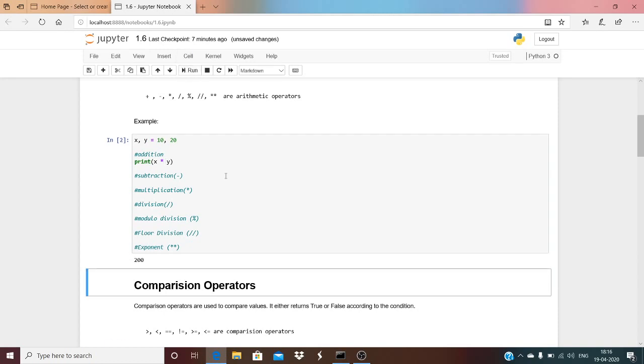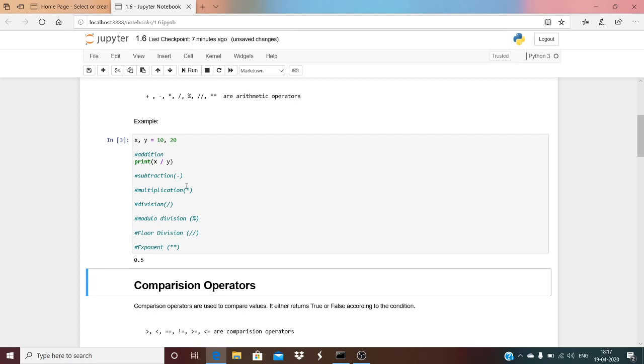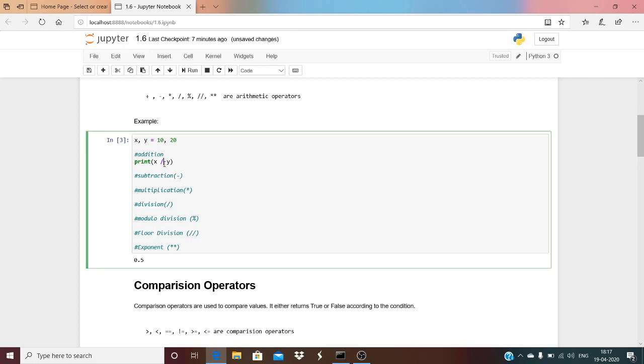Run, we get 200. Yeah, it is right. And when we divide, we get 0.5. It gives a float value. So okay, these are the normal operators, but there are some more.